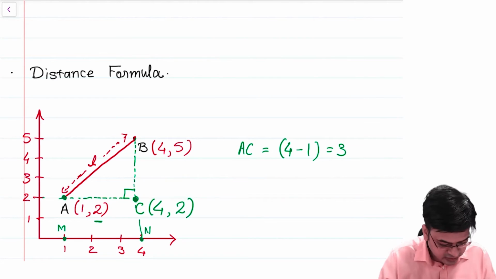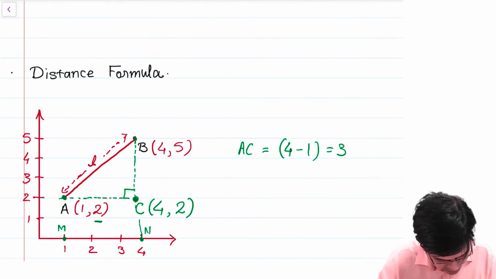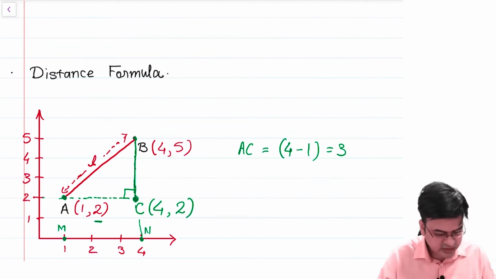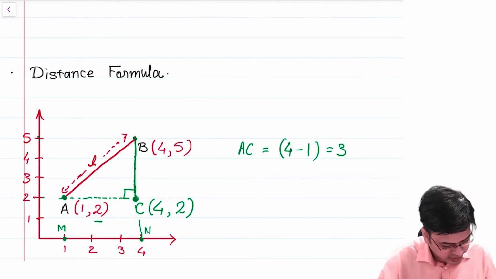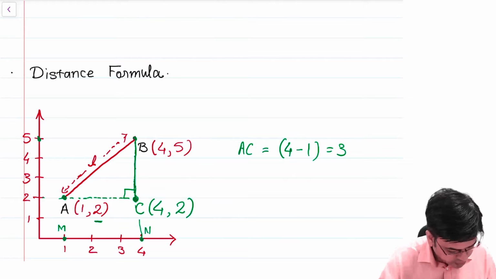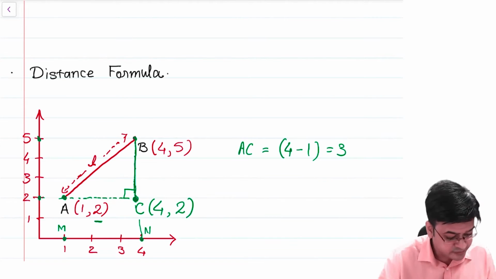Now what is the length of the line segment joining points B and C? That is the next question that you can ask. Again the same logic applies, because this segment is parallel to the y-axis. Consider any 2 points on a vertical line having similar x coordinates.